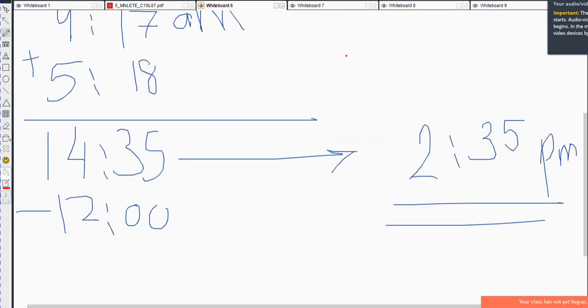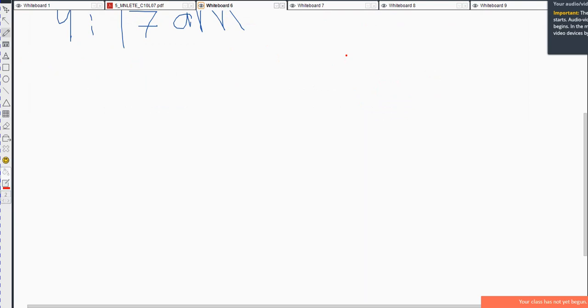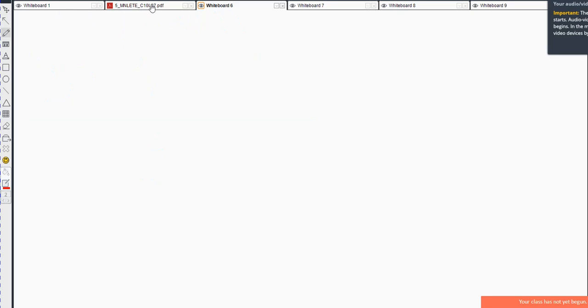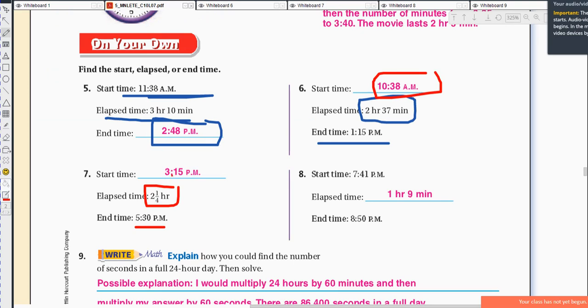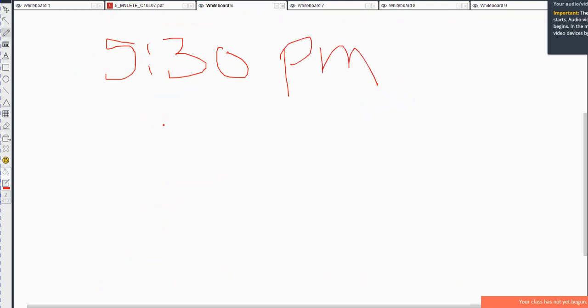In the same way, here we have 2¼ hours earlier than 5:30 p.m. Here we have to subtract. 5:30 p.m. means we add 12 to get the real time in 2 digits in 24 hours format.